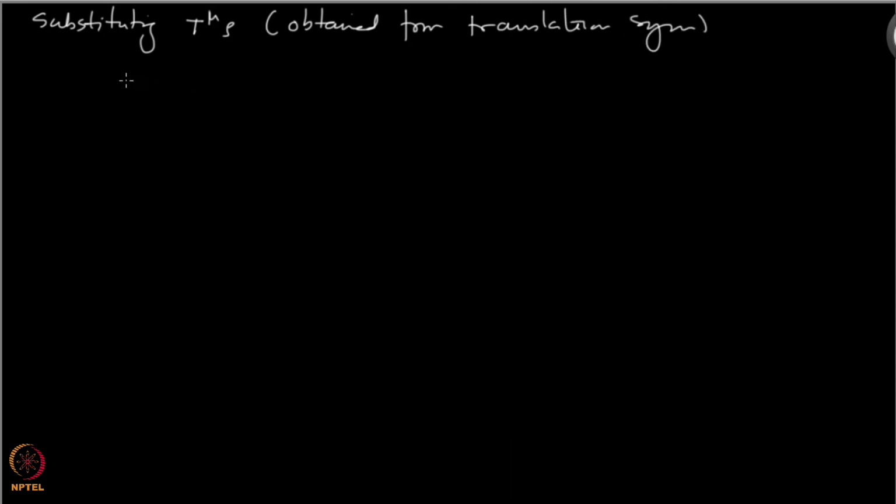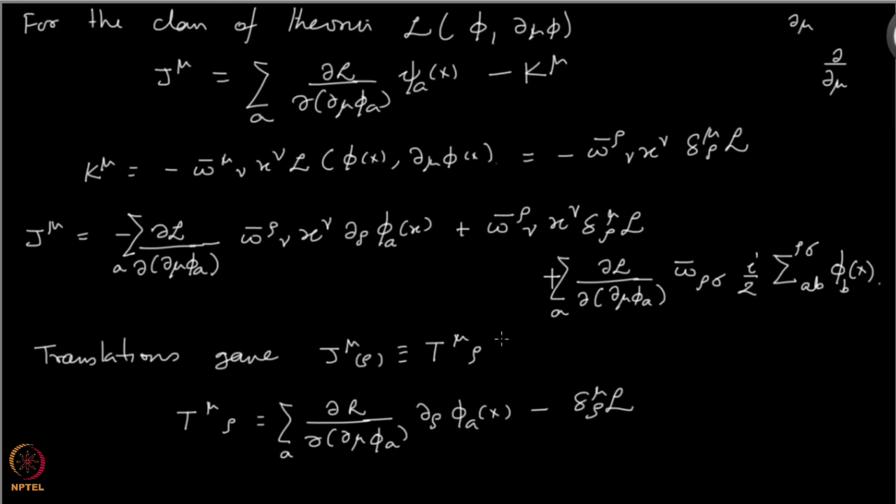So substituting T mu rho from translation symmetry, what do I get? I get J mu is equal to minus omega bar rho nu x nu T mu rho. And then you had the other term, sorry, this one.